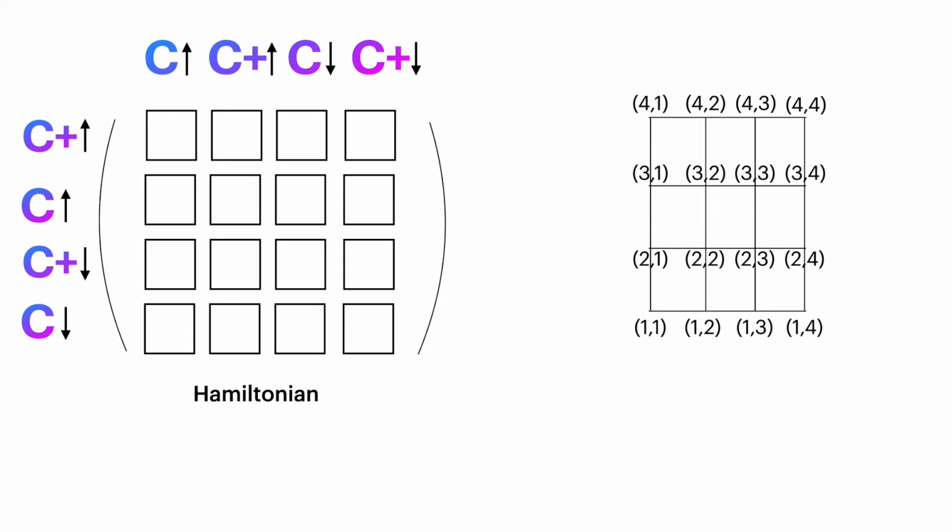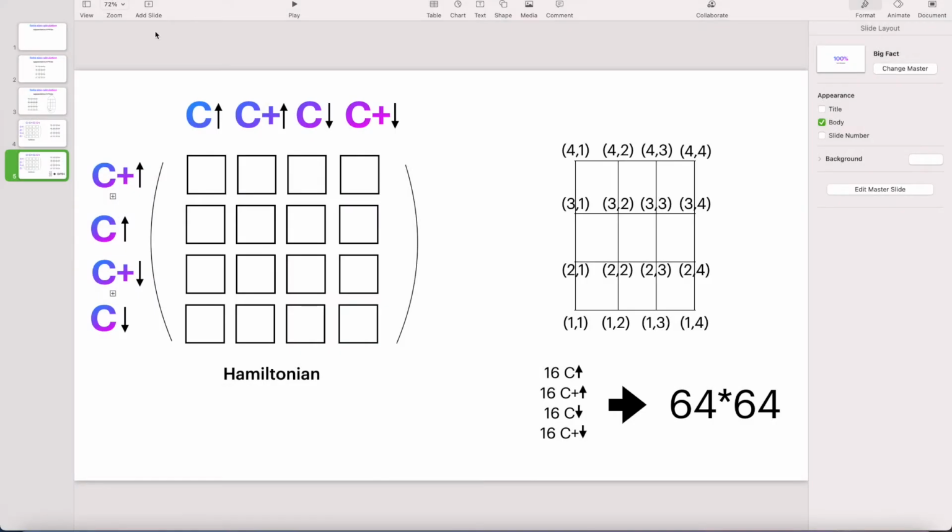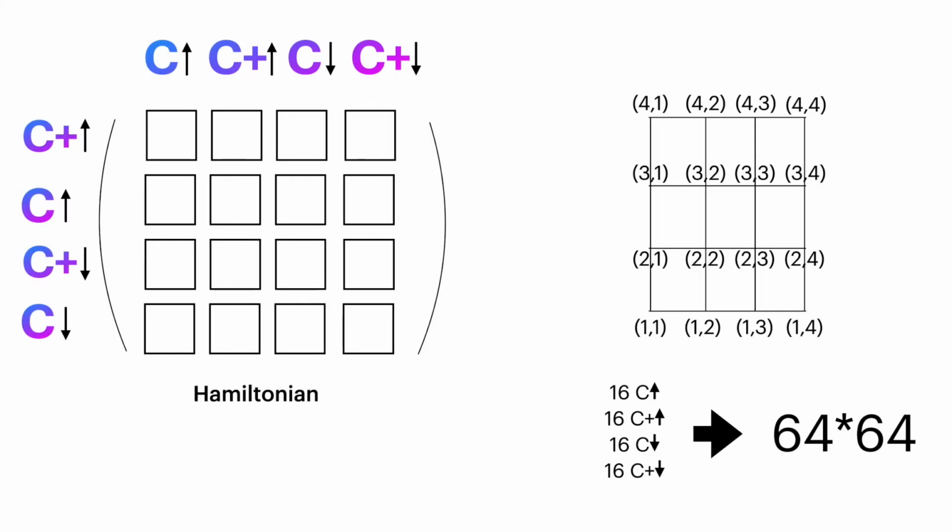So now consider this: if there can be 4 possibilities at each site, and there are 16 sites, there can be 16 C up, 16 C dagger up, 16 C down, and 16 C dagger down.